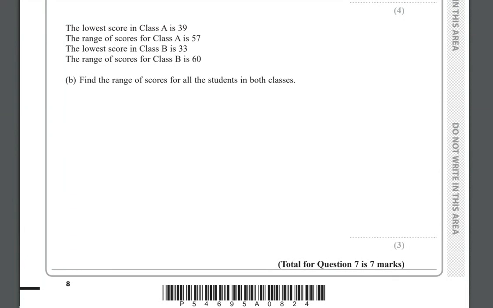The lowest score in Class A is 39. So we've got Class A, the lowest score is 39. The range of scores for Class A is 57. So that's the lowest score. So the range is 57.